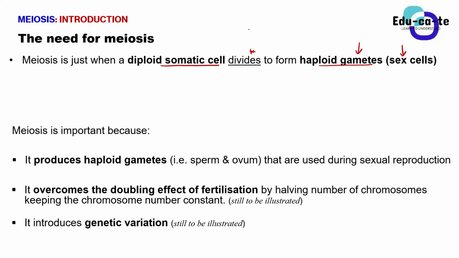Okay, so males actually produce what? They produce sperm cells. You guys know this, right? What about females? What are the sex cells that females produce? Isn't it egg cell?